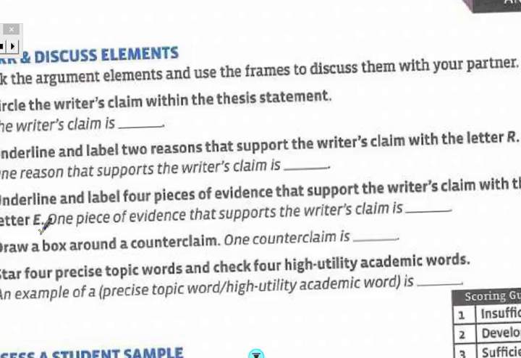Underline, underline, circle. And we're going to star precise words and check academic words. Okay.